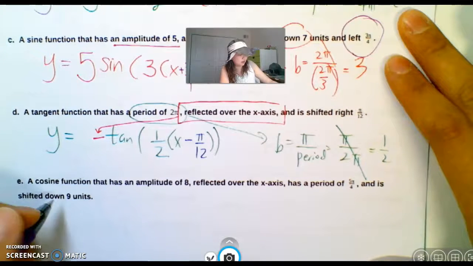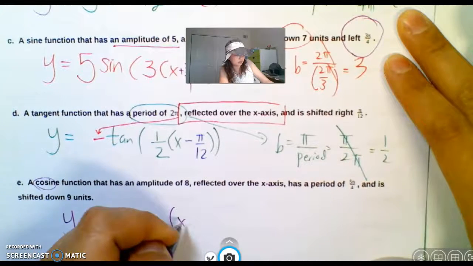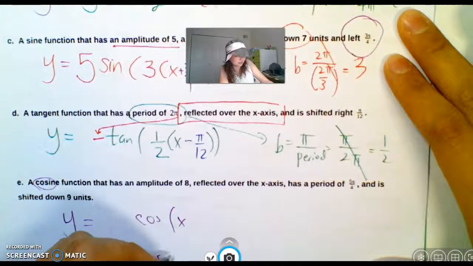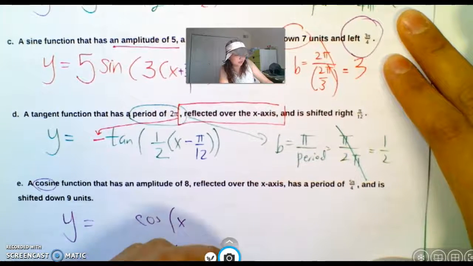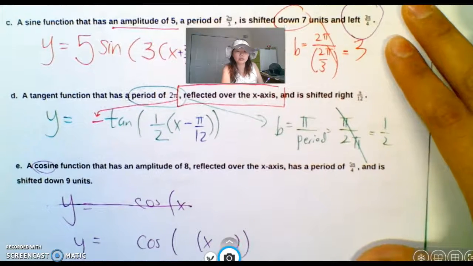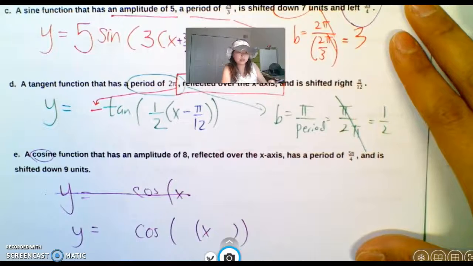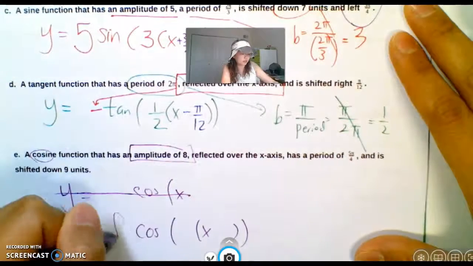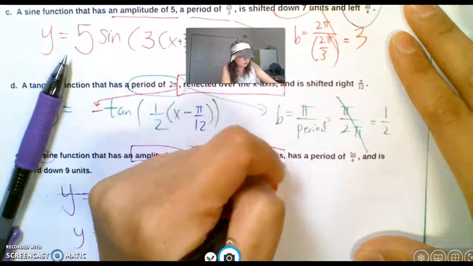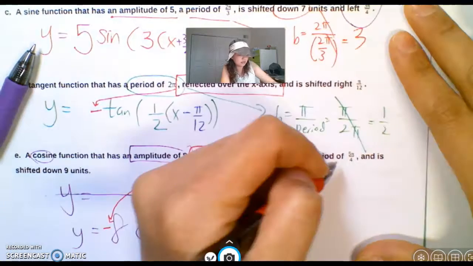E. Y equals cos, so cosine. Oh no. I always do this. When it comes down to the last question, I get a little overly excited, so I make a mistake. So y equals cos parentheses parentheses x, amplitude of 8. So 8 goes right here. Reflected. Alert, alert, reflected. So negative right here.